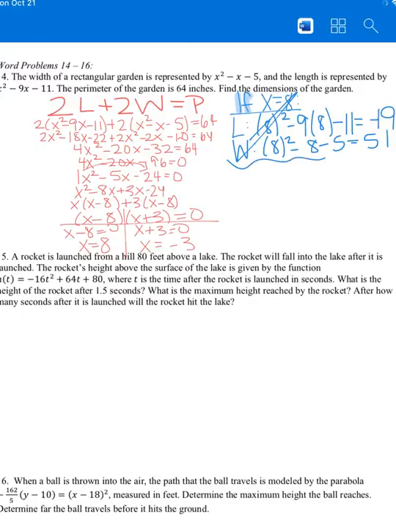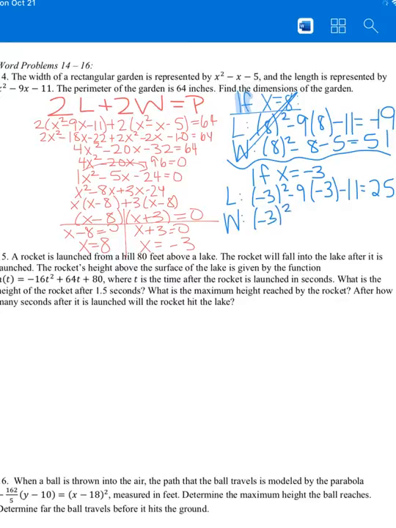So that means that x equals negative 3 should work. So if x equals negative 3, then the length would be negative 3 squared minus 9 times negative 3 minus 11. So then that length would be 25. Now if x is negative 3, the width would be negative 3 squared minus negative 3 minus 5, which gives me a 7.